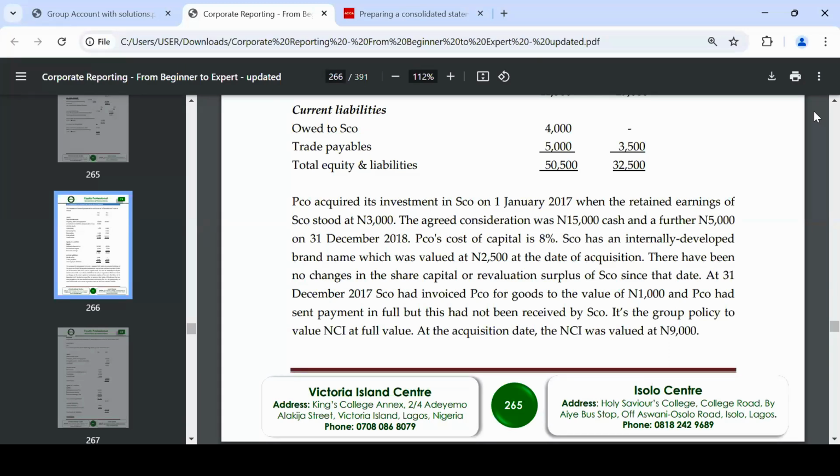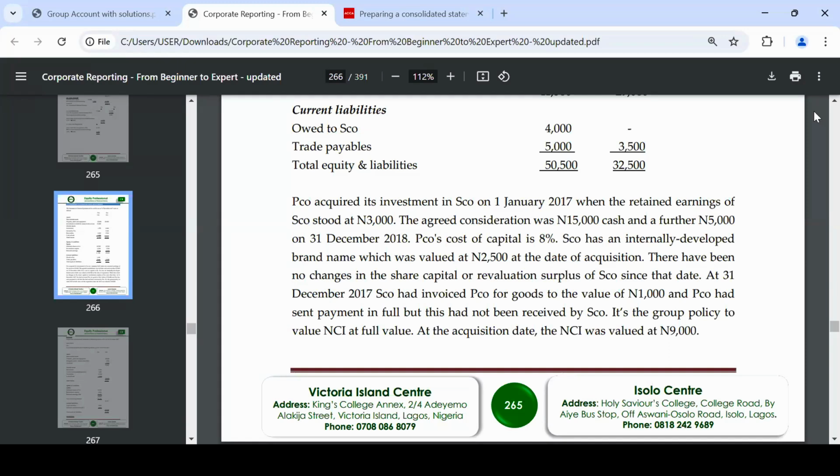The reason for that, of course, you won't see brand name. It will not pass a particular test under IAS 38, which is that it cannot be traded in a separate transaction. So it is not monetary, all right?